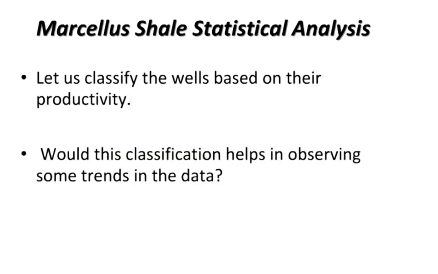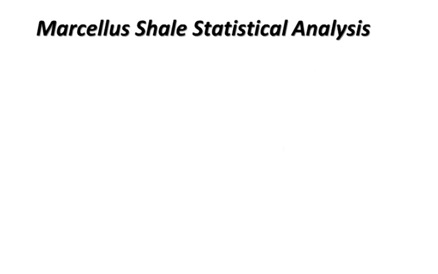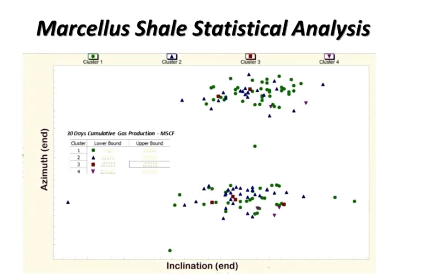So let us classify, but when you show this to a lot of production and reservoir engineers, they say, well, we don't do this only. We do log-log, we do semi-log, we do special plots, we normalize per foot of thickness, per foot of lateral length, and then we put them in buckets. Regardless of what you want to do, however you cut it, you're not going to see any pattern, at least in these Marcellus shale wells. I'm sure the same is true for Eagle Ford, Bakken, and Haynesville; I've seen many of them.